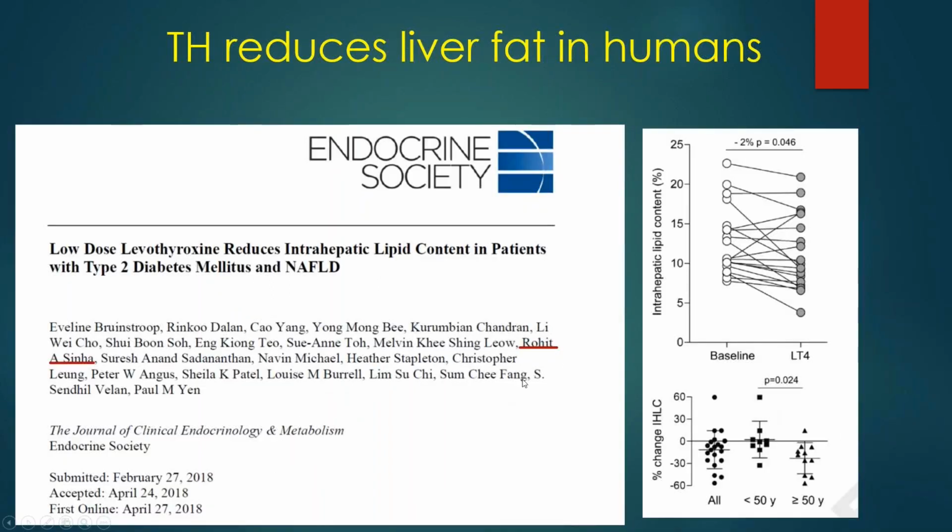And when we did this clinical trial, we could see that the intrahepatic lipid content in patients decreased, not a lot, because we have to understand that we cannot give a lot of thyroid hormone to the patients. It can cause a tachycardic attack. So we were giving thyroid hormone only to a level that the patients are not thyrotoxic.